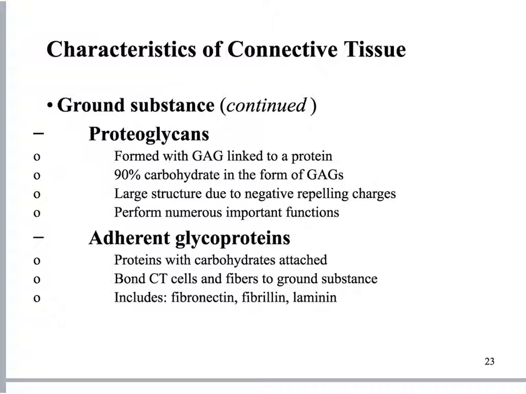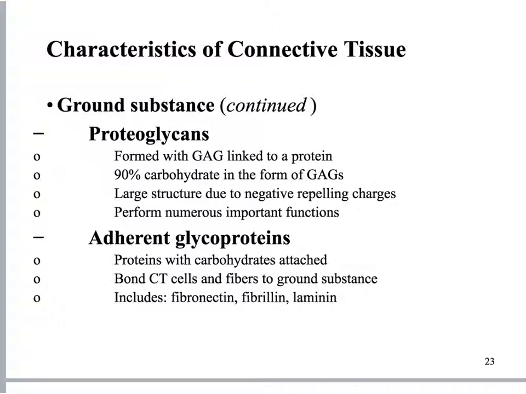And then finally we have adherent glycoproteins, right? Proteins attached to a carbohydrate, all right? They actually help bond the connective tissue cells to the fibers and the ground substance. This includes fibronectin, fibrillin, and laminin.